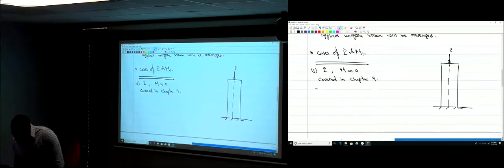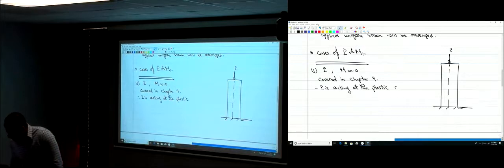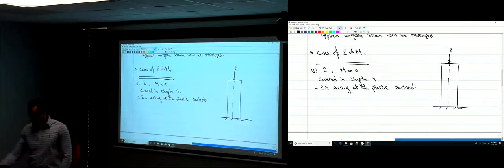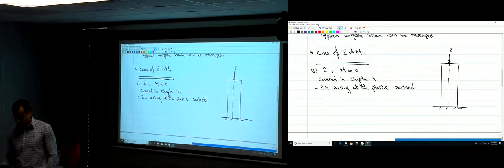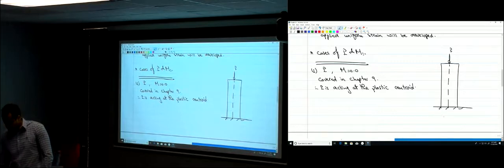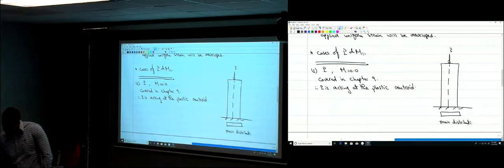And that means P is acting at the plastic centroid. And the strain distribution, if you draw the strain distribution at failure, this is the strain distribution at failure.